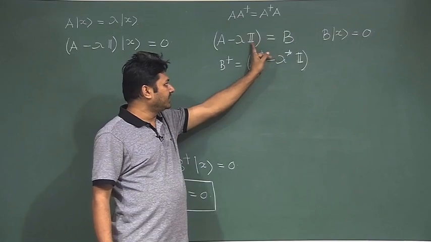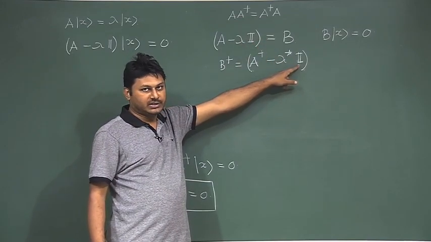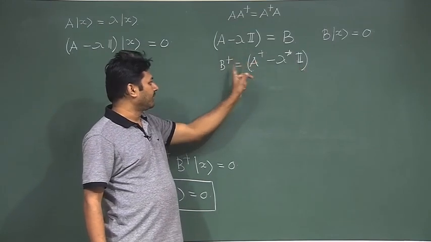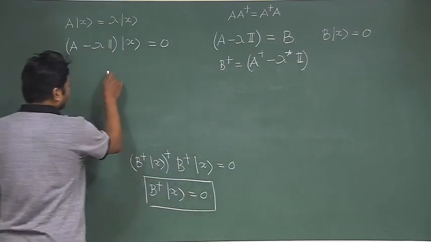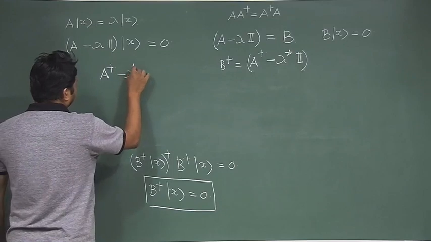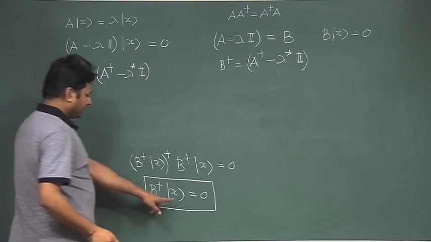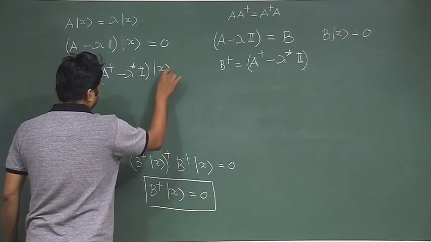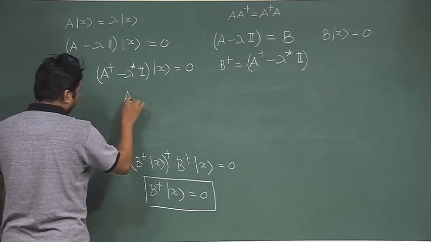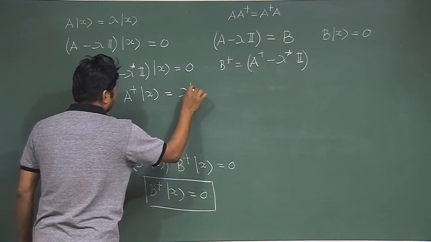I is the identity matrix. Even if I change the identity matrix to a dagger, it will not change anything, so it will remain the same. A Dagger will be changed because I am making a dagger. So now my equation is A Dagger minus lambda star I operating over x is equal to 0.